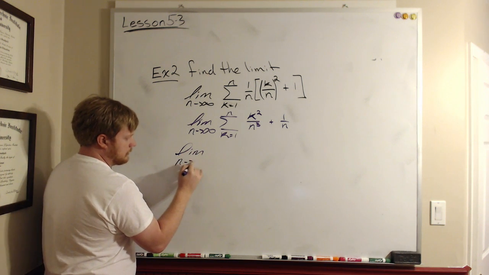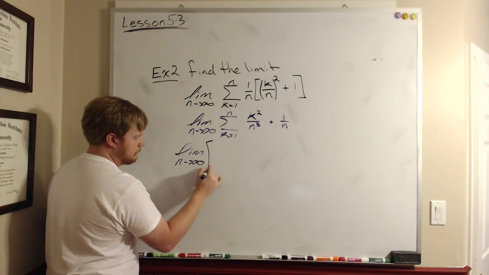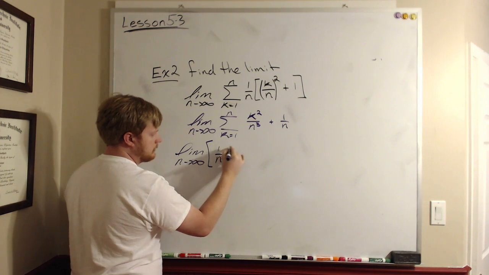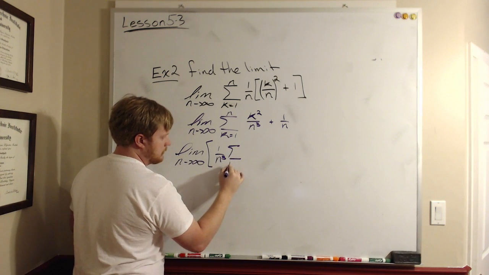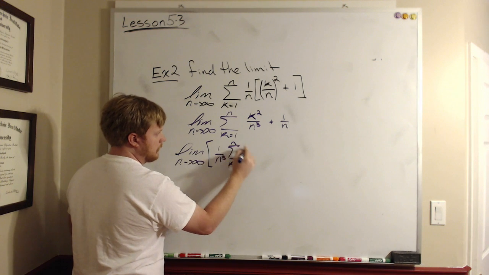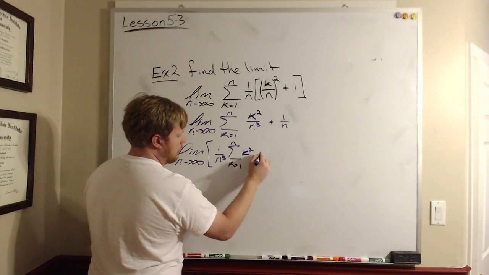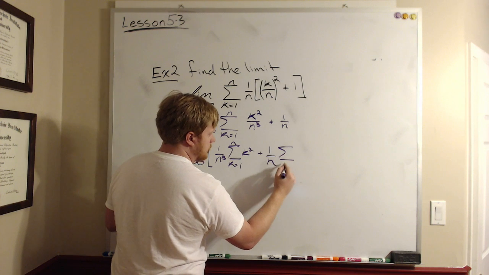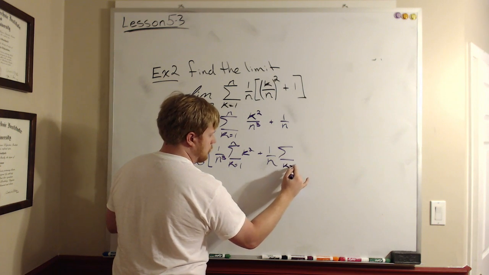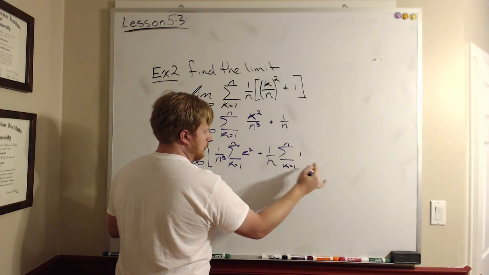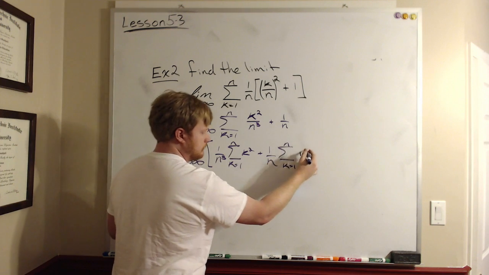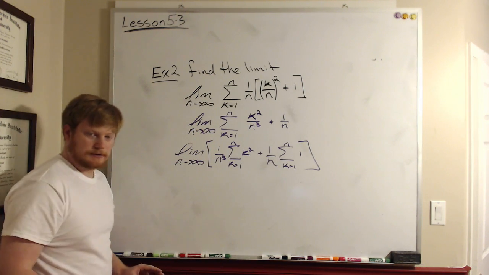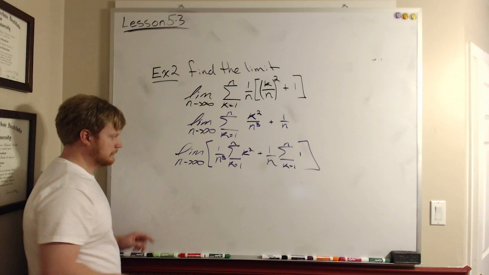We'll have the limit as n goes to infinity of 1 over n cubed times the sum as k equals 1 to n of k squared plus 1 over n times the summation as k equals 1 to n of 1, right? Well, we talked about those things earlier, right?